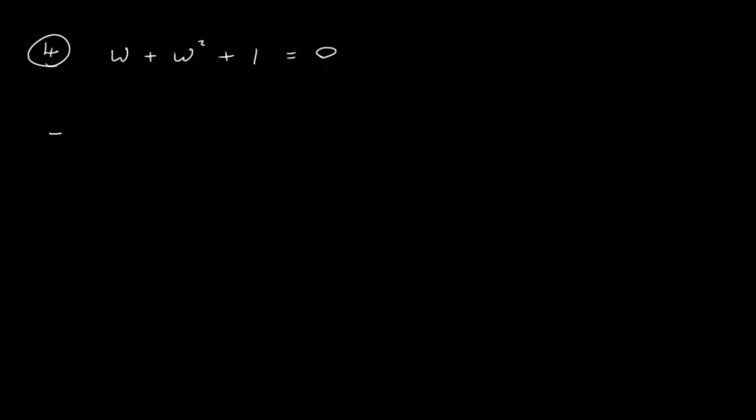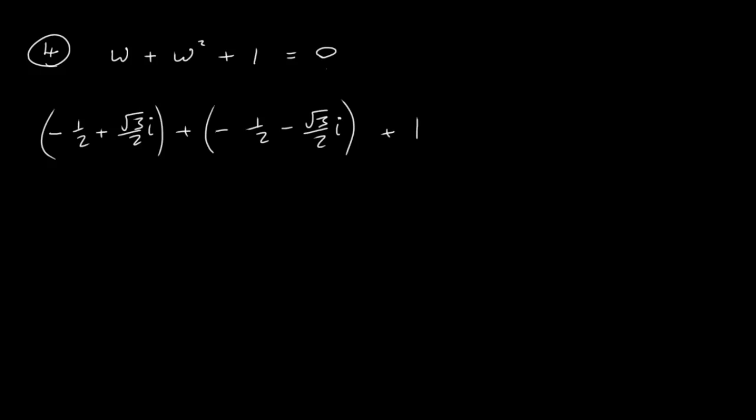One of our roots, minus a half plus root 3 over 2i, we're going to add that to the other one, minus a half minus root 3 over 2i, and then we're adding 1, and we should get 0 out here. So let's just take away the brackets here.